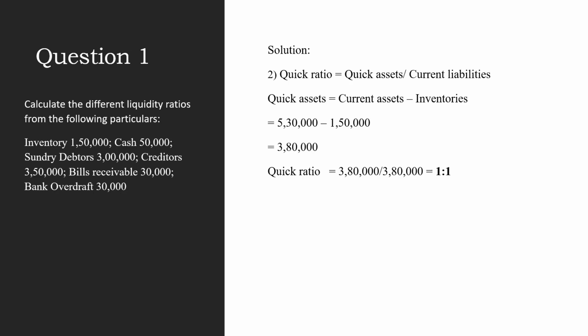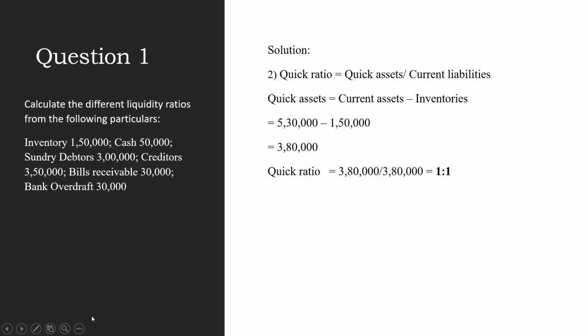So for that reason, the quick assets should be more than the current liabilities, and if it is equal also, then it can be paid off, right? If the quick assets are more, then it is better, and if not, then it is not good for the company. But in quick ratio, it should not be more than the current liabilities, it should be equal to the current liabilities.